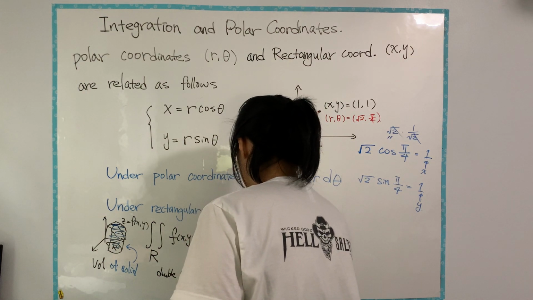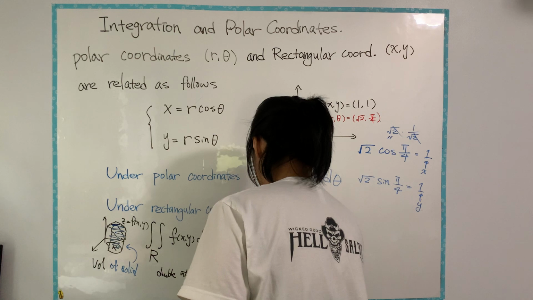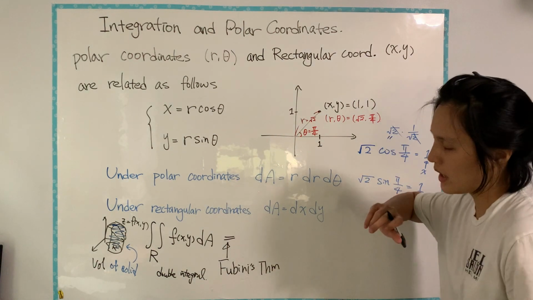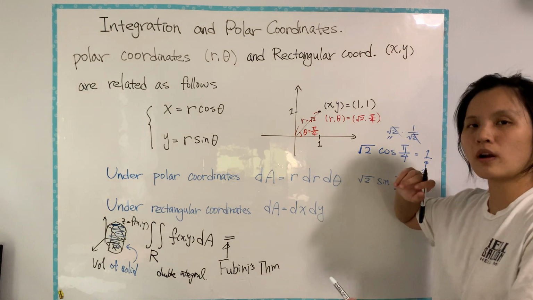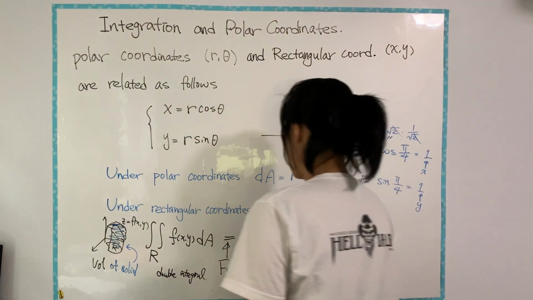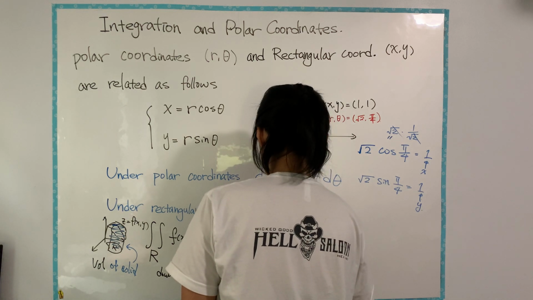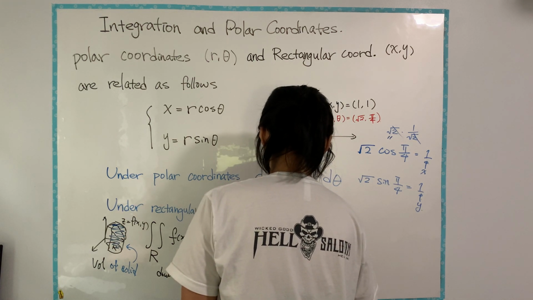So we have Fubini's theorem that tells us if you can describe the region R using inequalities of x and y, then you can find the value through iterated integrals.